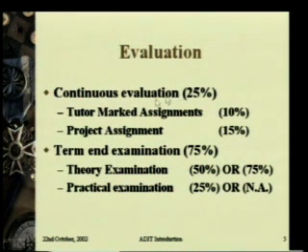The continuous evaluation forms 25% of your overall evaluation. It consists of assignments. There are two types of assignments: one is the tutor marked assignment and the other is the project assignment.